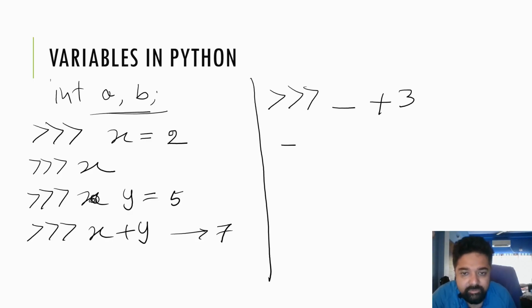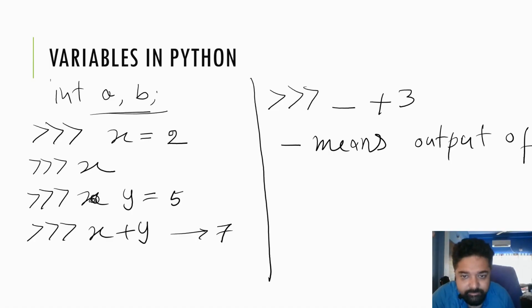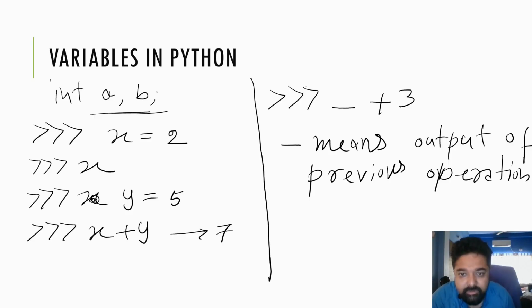Here underscore means the output of the previous operation. Here it means 7 plus 3, the output will be 10. This is new in Python.